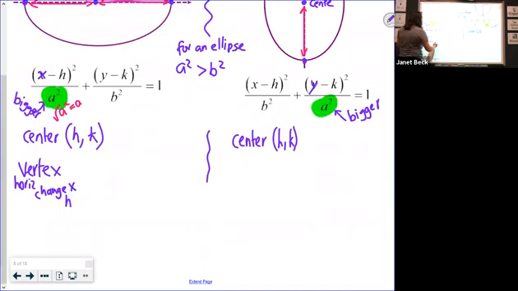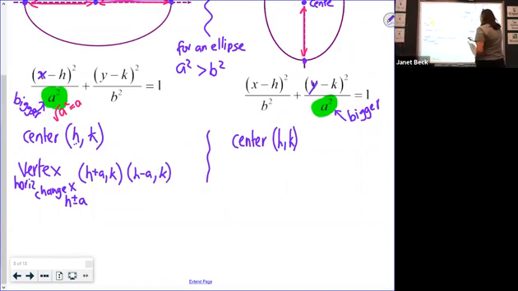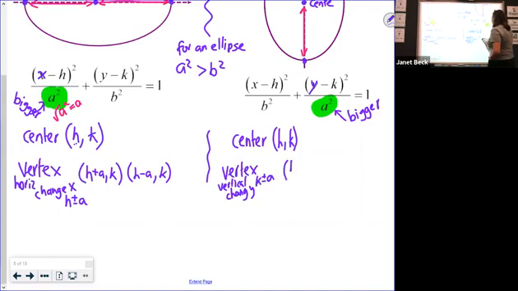We're going to get that H that's originally there in the center, and we're going to add or subtract A. So this will be H plus A and H minus A. And for a vertical one, if it's vertical, change the Y. So that Y, which is currently K, we're going to add or subtract A to that.